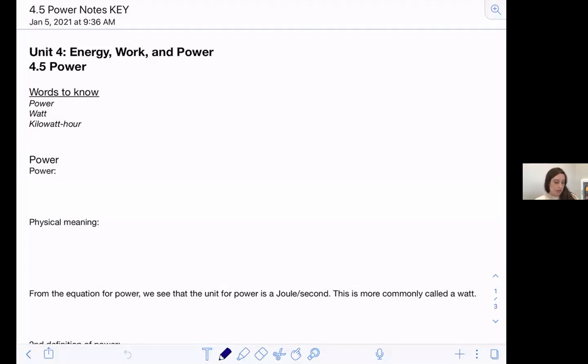So, power is the rate at which work is done. So it's a way for us to put into a time context how the energy of something is changing.